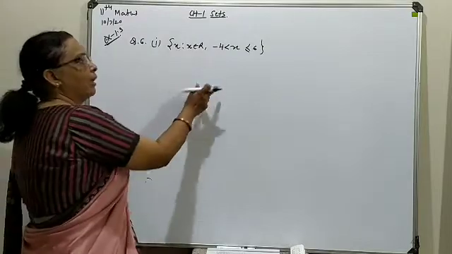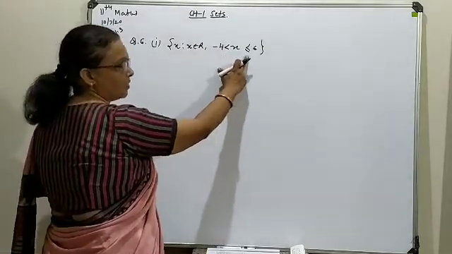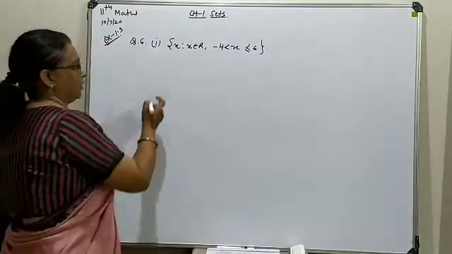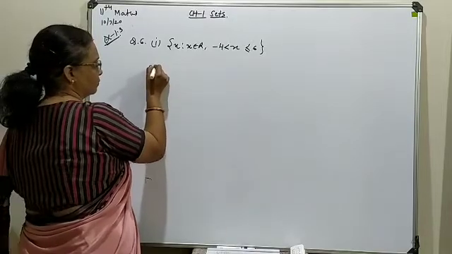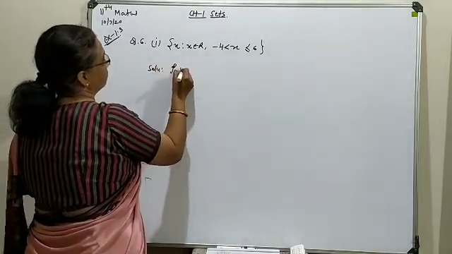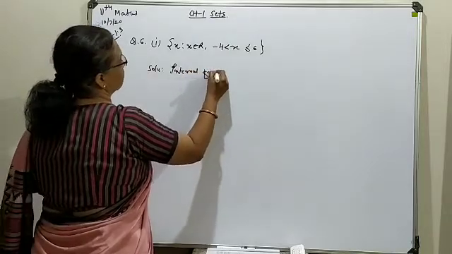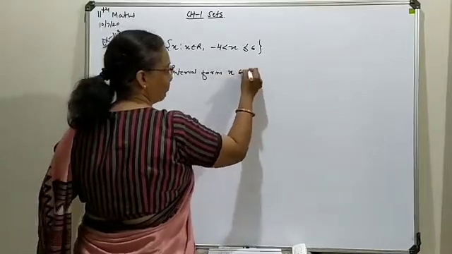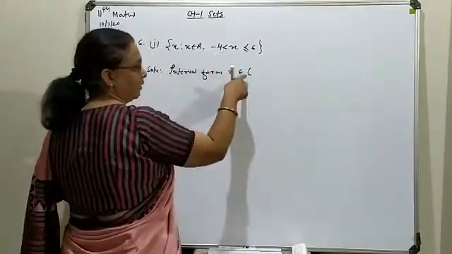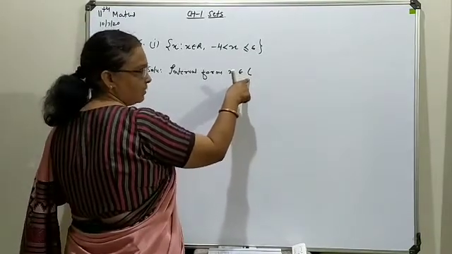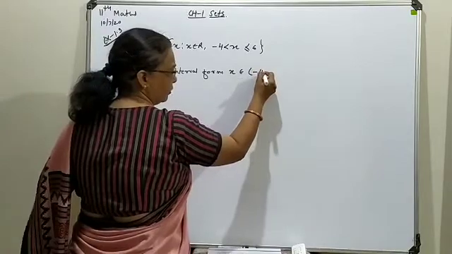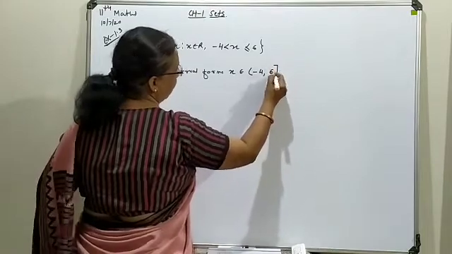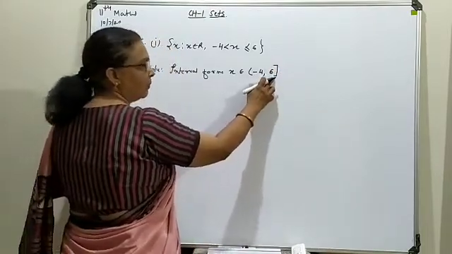Here you can see one side is open and one side is closed. If you represent this range in interval form, x will belong to: no equality sign is there, so you use the open bracket, the small bracket, at -4. Here an equality sign is used, so with this 6 you make a closed bracket, using the big bracket sign.